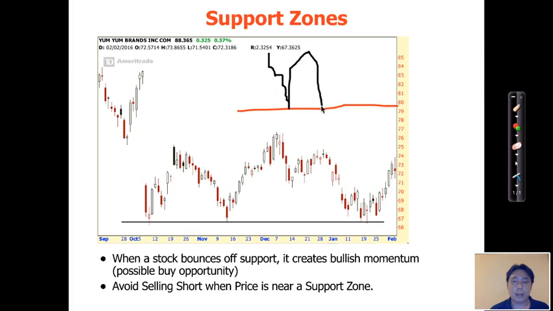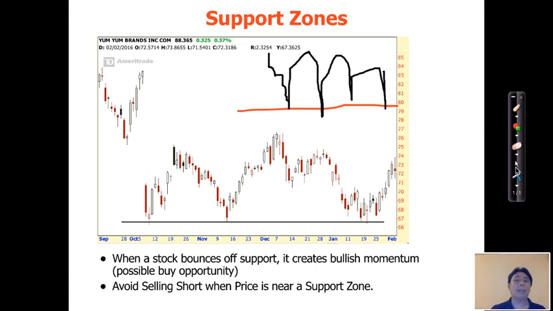Sometimes it may touch and go out a bit, and sometimes it doesn't even touch. So you've got to give a bit of buffer above and beyond that line. It's a zone. And again, how do you draw the line? You draw it where it touches as many points as possible. You draw the line of best fit.